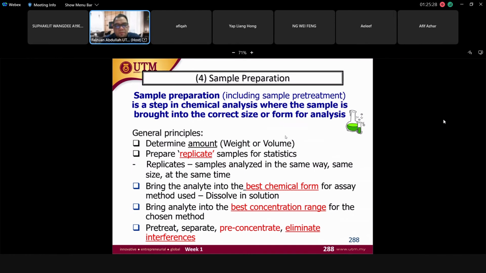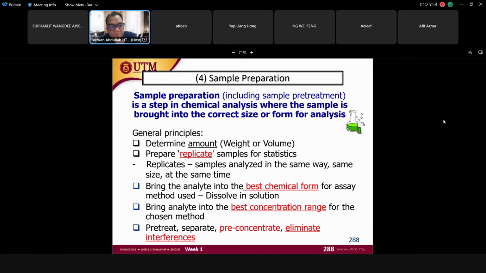Sampling. You have done sampling, for example, then you do sample preparation. Determine the amount, weight or volume, prepare replicate samples for statistics, bring the analyte into the best chemical form. What is the purpose of sample preparation? You have the sample. Before you analyze, you need to prepare it a little bit. Make sure that all the targeted analyte is separated or dissolved 100%.